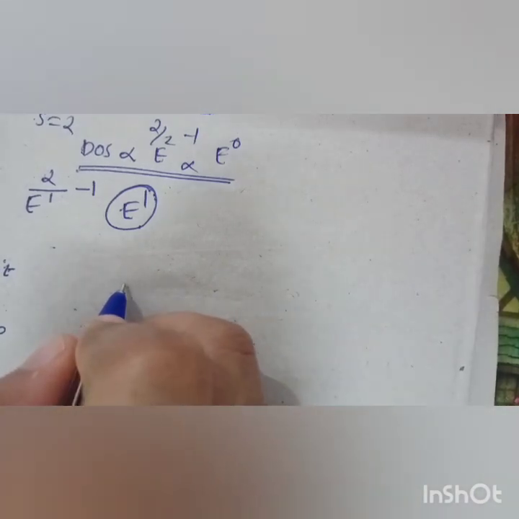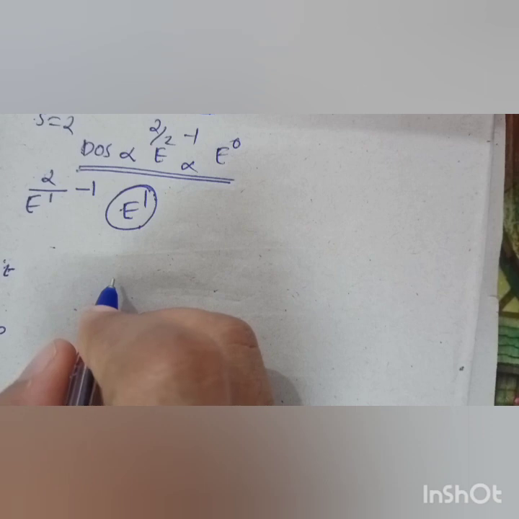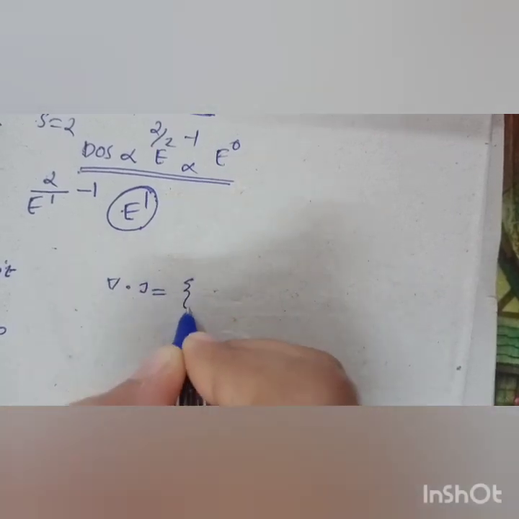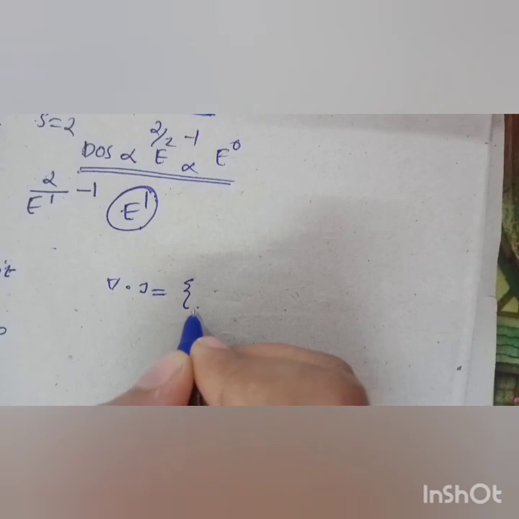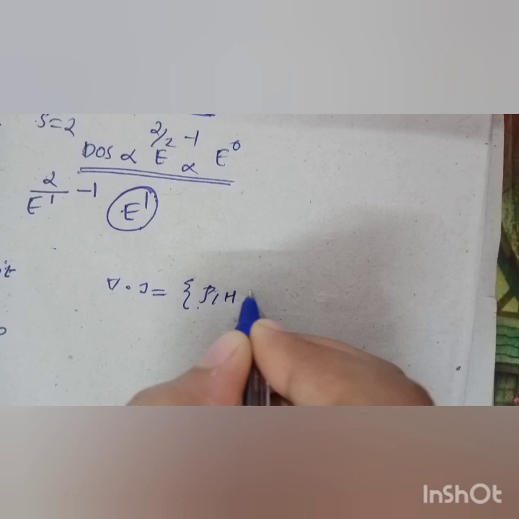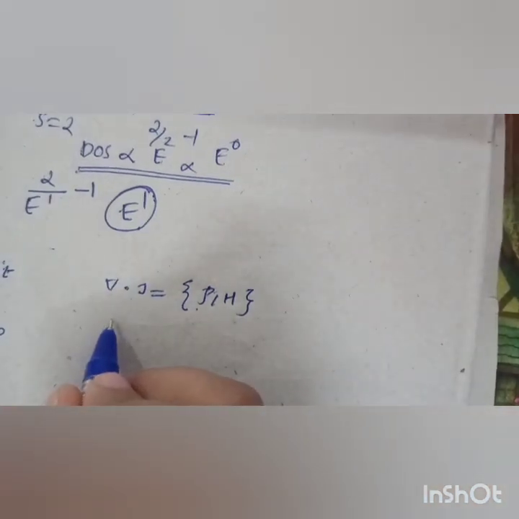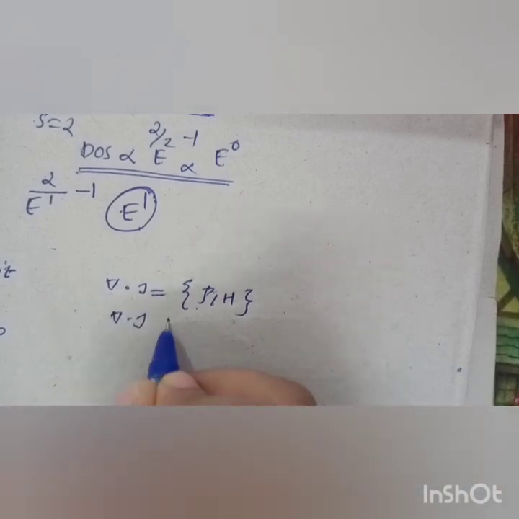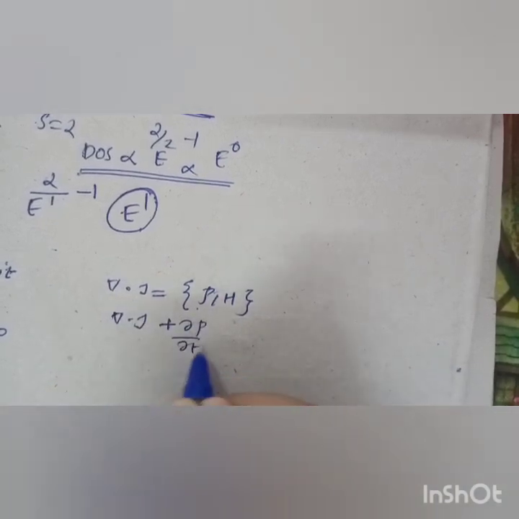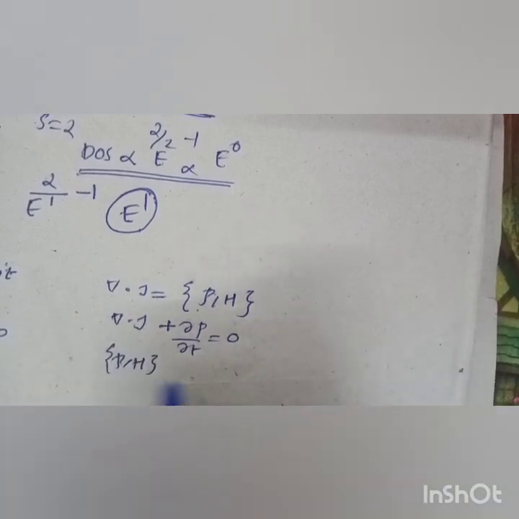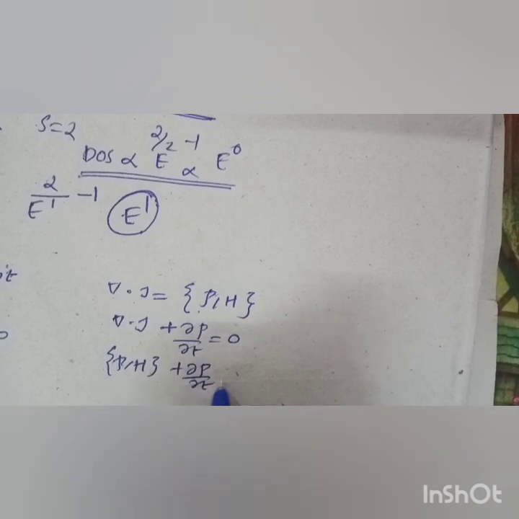In Liouville's theorem, they studied that del dot j is equal to the Poisson bracket of rho comma H. So they find the equation of continuity: del dot j plus dou rho by dou t equal to 0, in which they substituted the Poisson bracket of rho comma H. So the Poisson bracket of rho comma H plus dou rho by dou t is equal to 0.